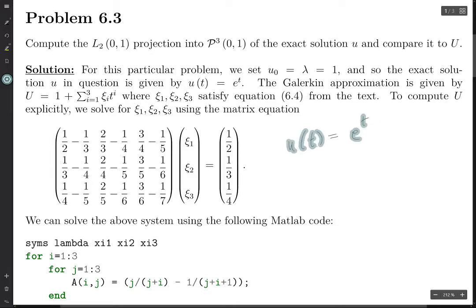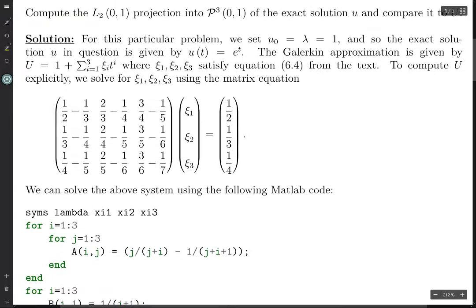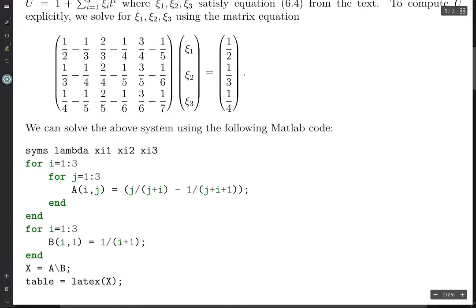At this point, you probably don't need to do this part of the problem, but I felt like I would, just to see how you get this Galerkin approximation capital U. I'm not going to solve this by hand, so I just made a MATLAB code that makes it. You make this A, and this formula here, if you look in the textbook, is the formula used for these indices. And then you make that matrix here.